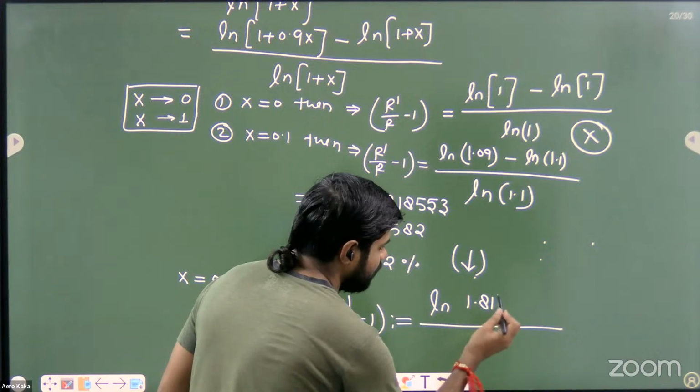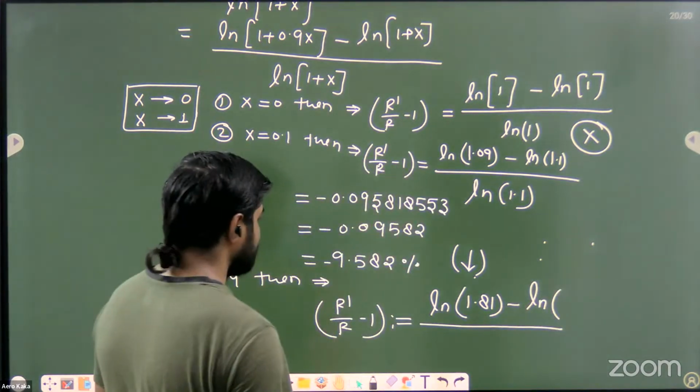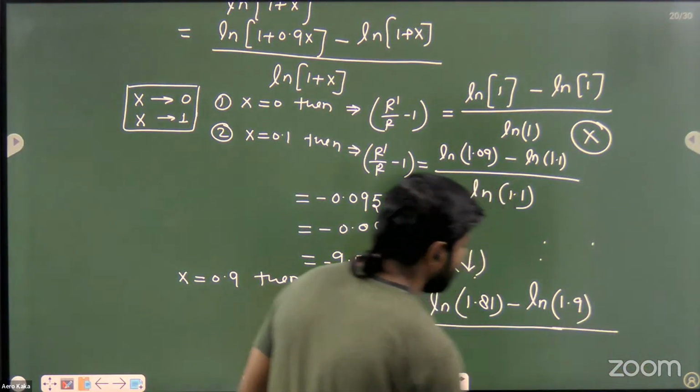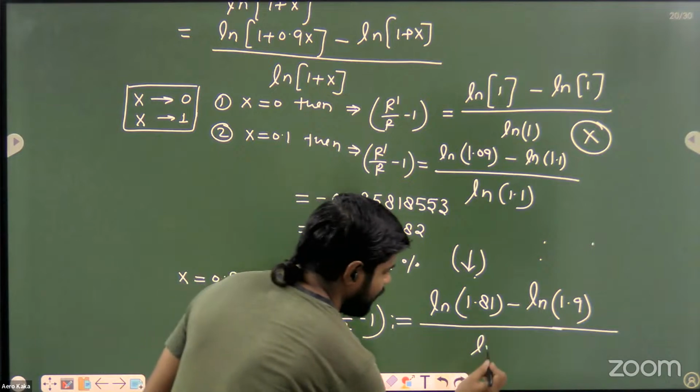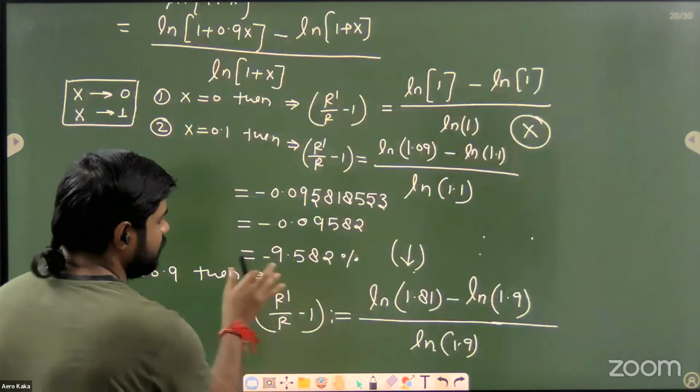Please verify. Minus ln of 1.9, divided by ln of 1.9. Please let me know how much you are getting.